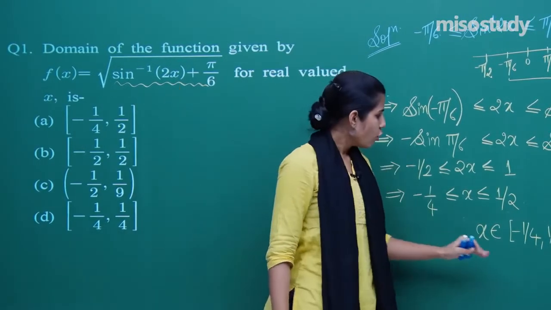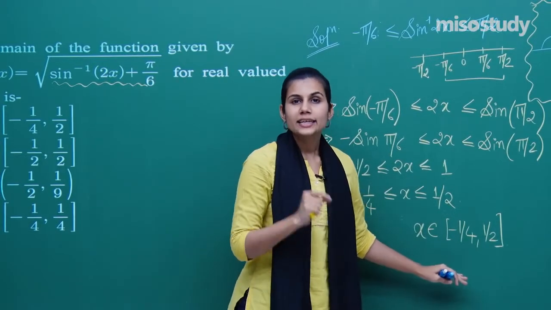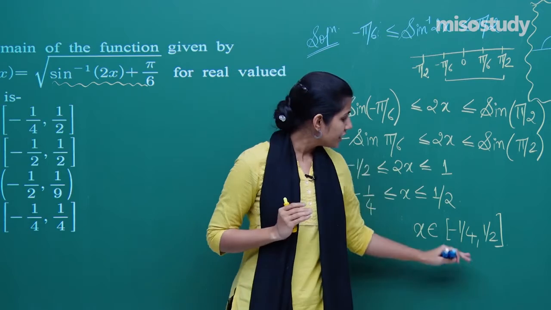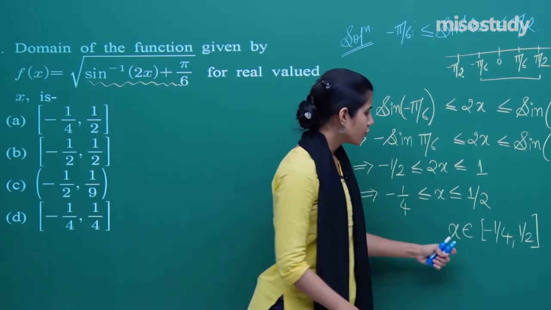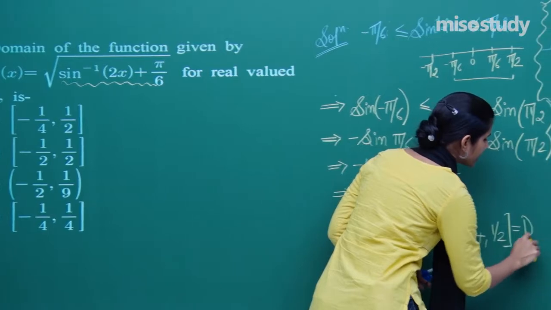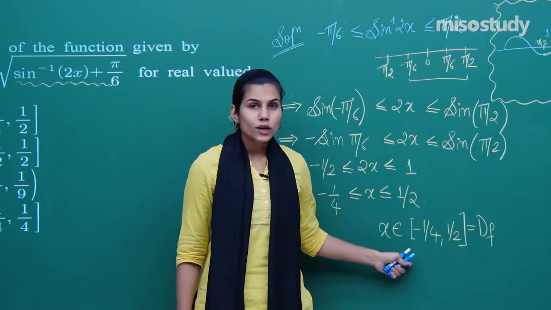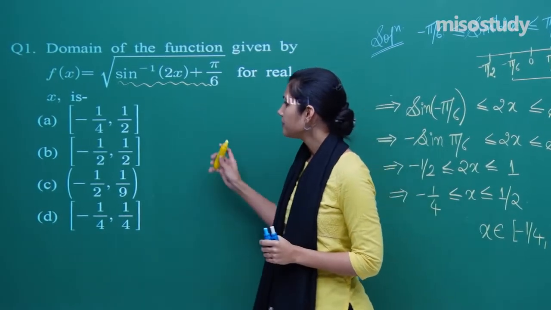That is why only these x's are valid to get entry inside the machine f, because only corresponding to these x's the machine is delivering real values, and so this happens to be my domain of f. Let's see which option helps us to get this as the answer.